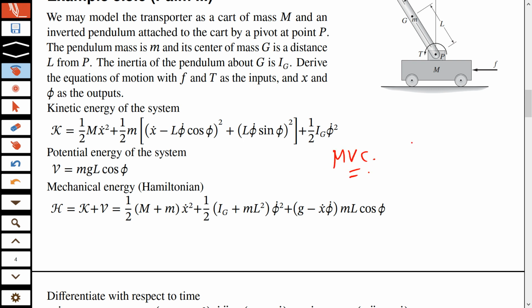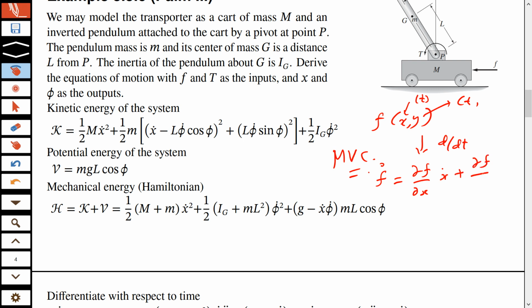In MVC, if you have a function of two variables and you want to differentiate that with respect to time, such that x is also a function of time and y is also a function of time, then the derivative of that function is the partial derivative with respect to x times x dot, plus the partial derivative with respect to y times y dot. This is what you know from multivariable calculus. So we will do the same here.